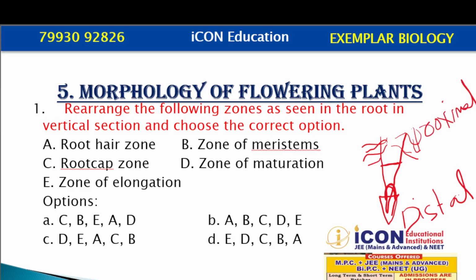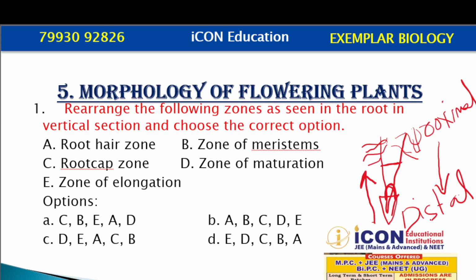Sometimes they will give you in the question, arrange the following zone from the distal to proximal end. So, distal to proximal end means you have to follow this sequence. If they ask you to arrange the zone from the proximal to distal end, then you have to follow this sequence. Okay. But they have told you to just arrange the following zone in the vertical section.